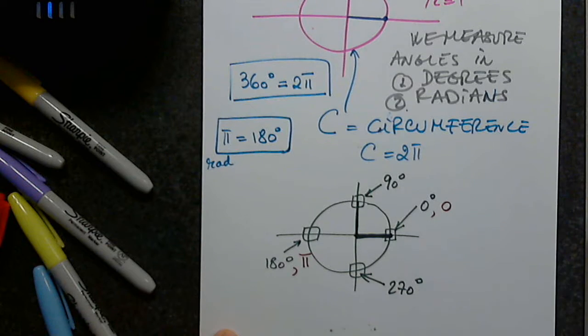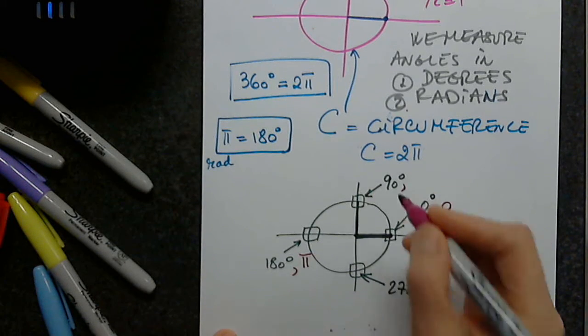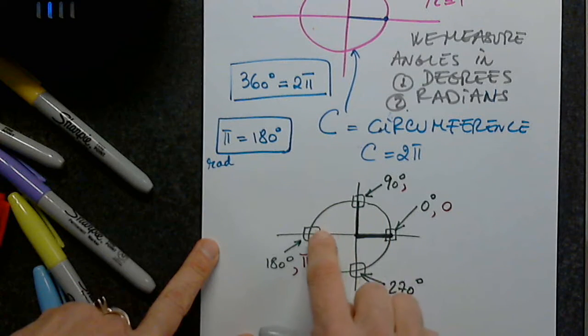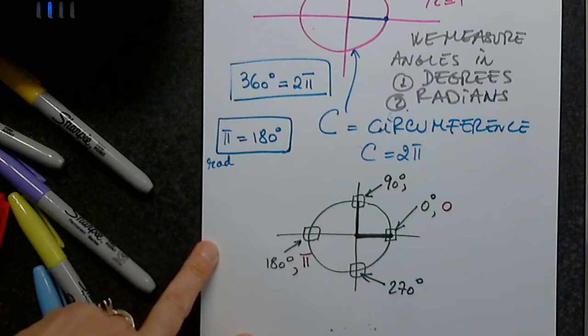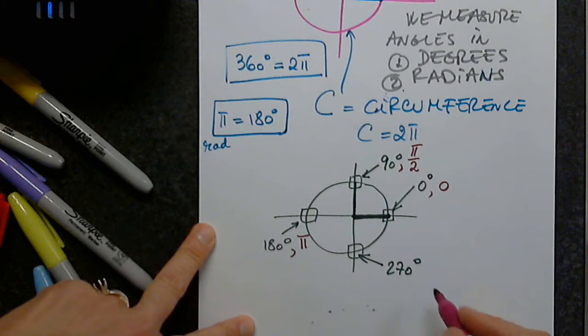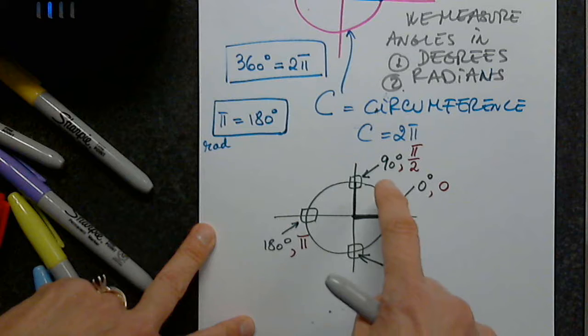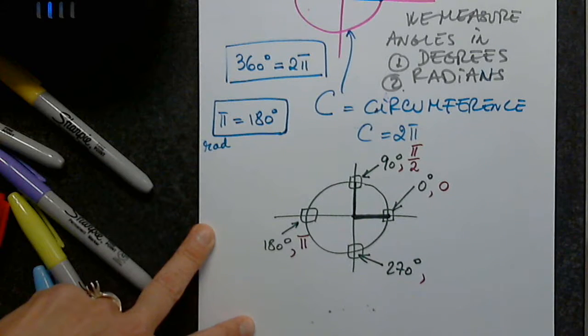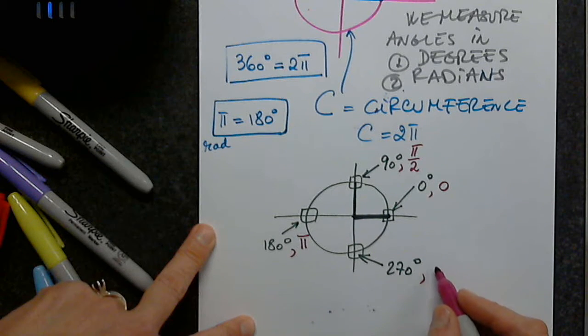Right. 0 radians. How many radians is 90 degrees if this is pi? Exactly. Finally, 270, look here. 1 pi over 2, a second pi over 2, and a third pi over 2. So 270 degrees is the same with? 3 pi over 2.